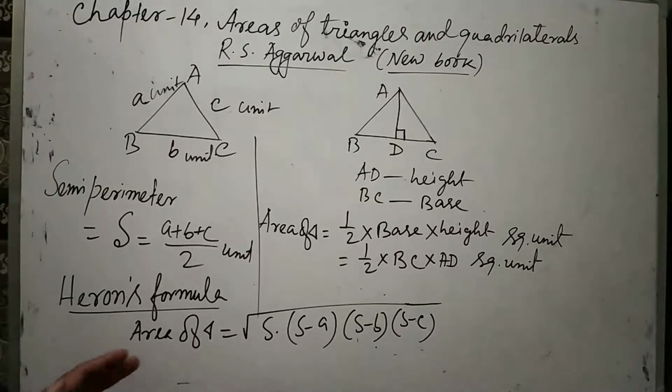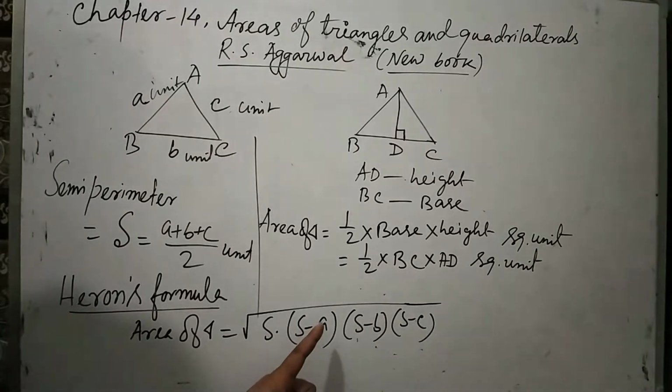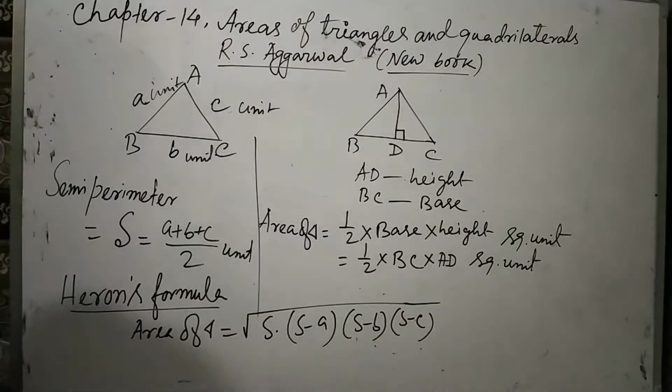So what is Heron's formula? Heron's formula for finding out the area of a triangle is the square root of S into S minus A into S minus B into S minus C.